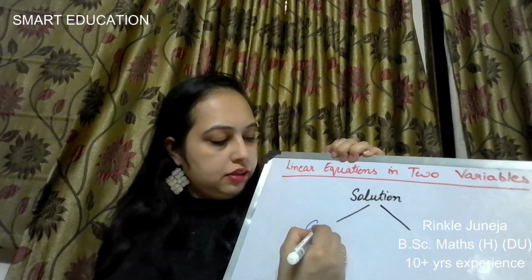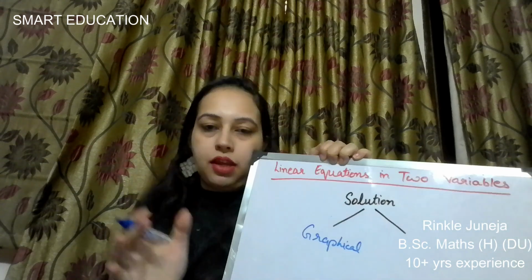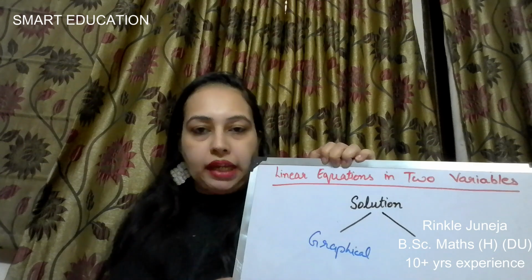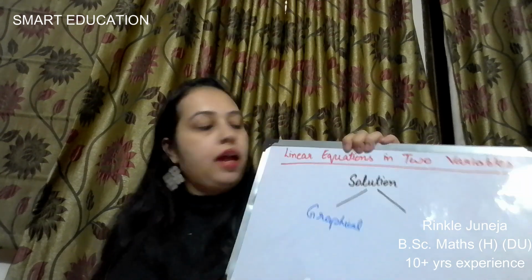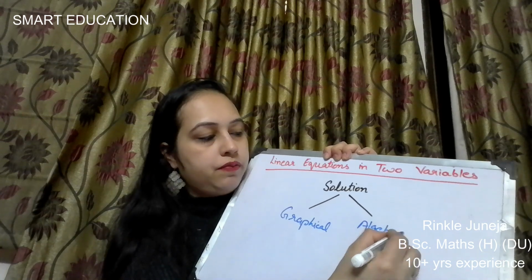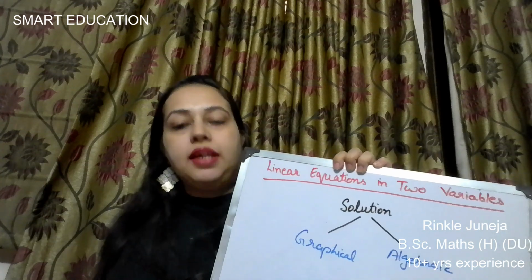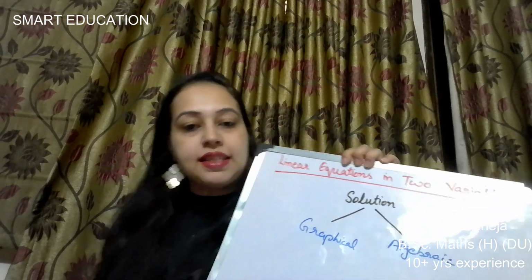The two ways are the graphical method, where we draw the graphs of the equations and see the intersection point, that will be the solution, or the algebraic method, where we solve these equations using some algebraic methods to find the values of x and y.